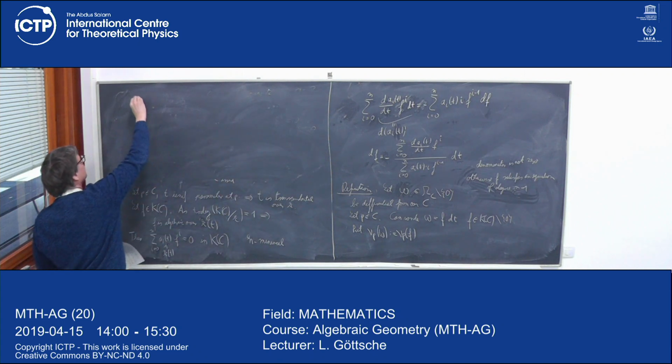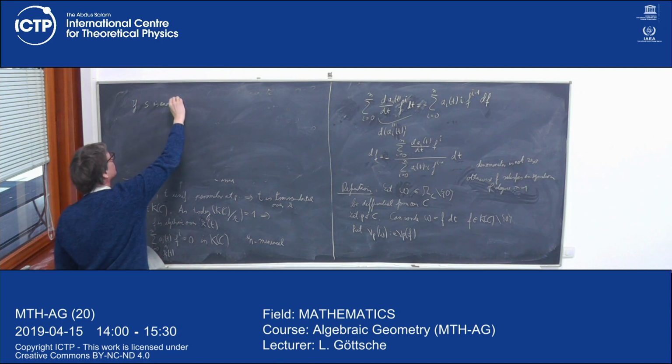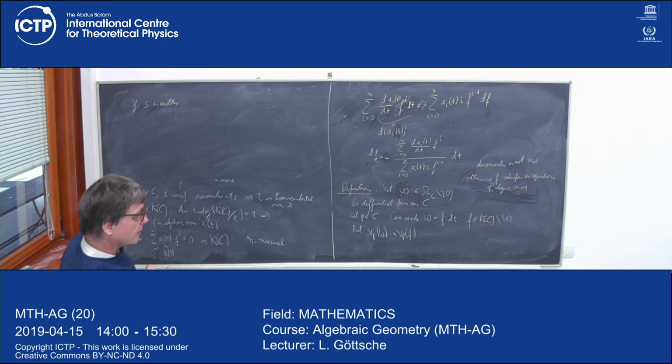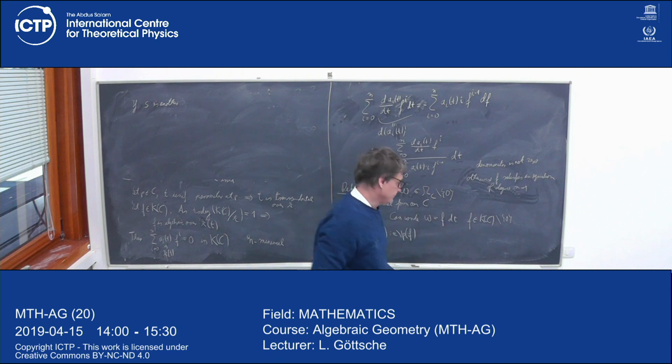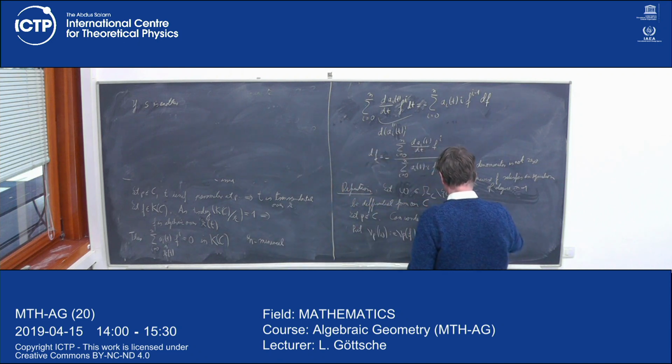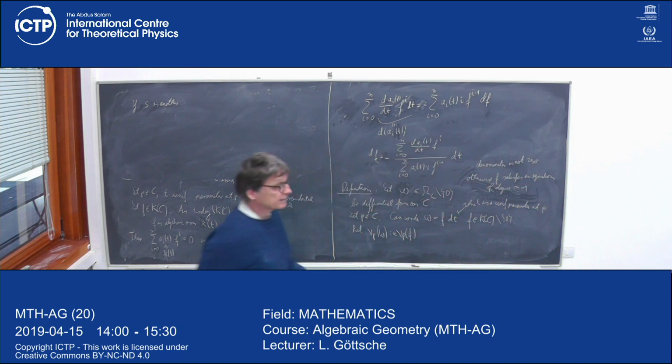I didn't tell you, so obviously in dt, t is a uniformizing parameter at P, that's important, otherwise this definition doesn't make sense.